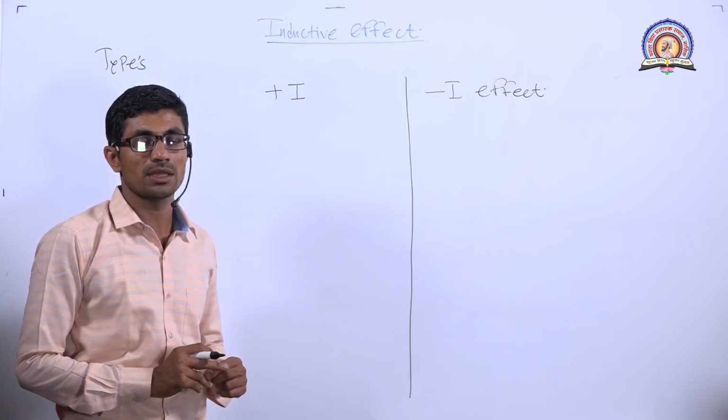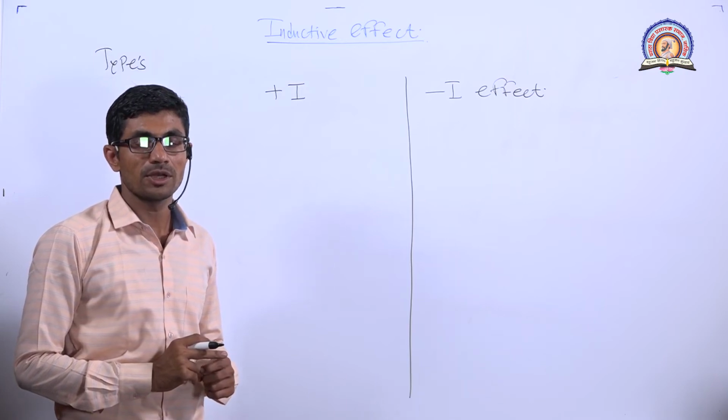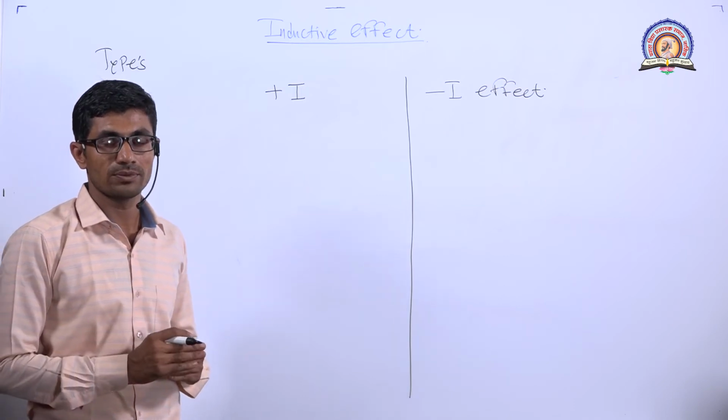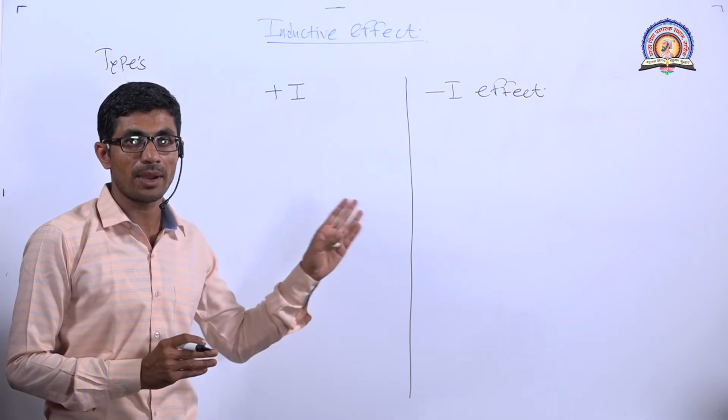Minus I means electron withdrawing inductive effect. So depending upon the direction of pulling the electron, we can divide the inductive effect into plus I and minus I.